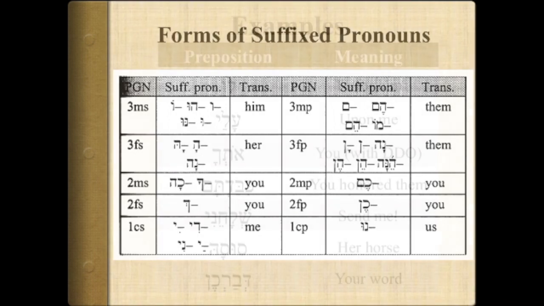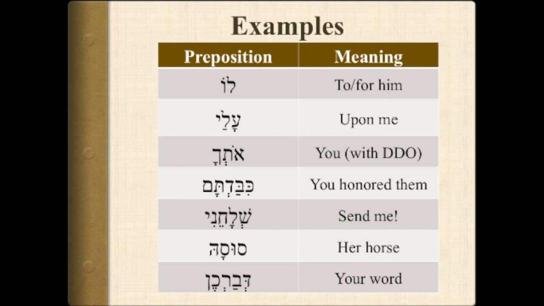Here are just some examples of various other particles or words to which these pronominal suffixes are attached. So we have here the preposition lamed, and then the suffix, the third masculine singular suffix.